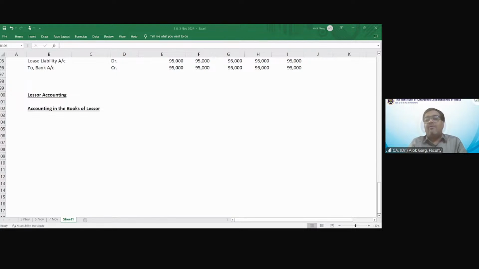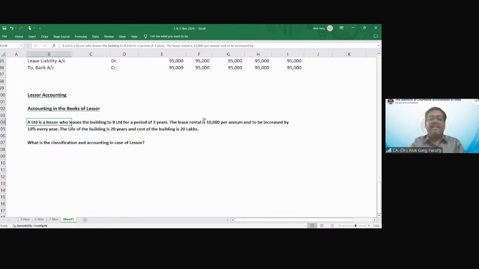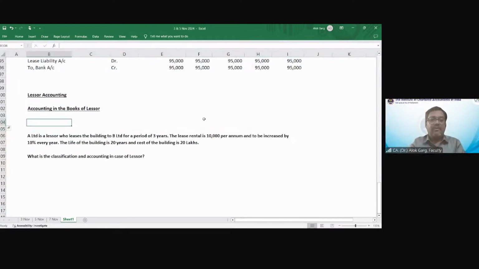Now, what is the accounting we need to understand? Let's understand with the help of a question. Lessor accounting we are going to discuss, and in it the operating lease accounting, in the books of the lessor.